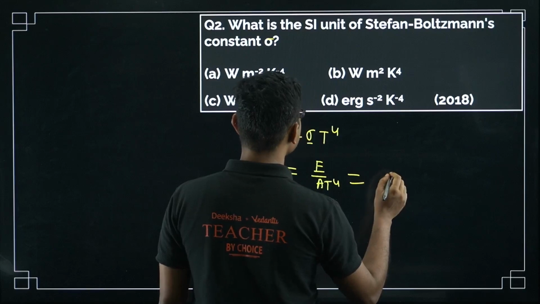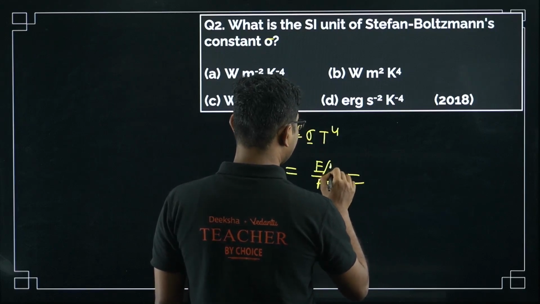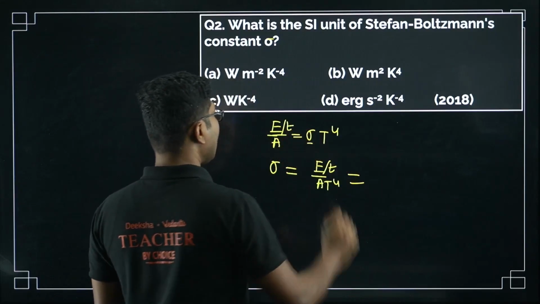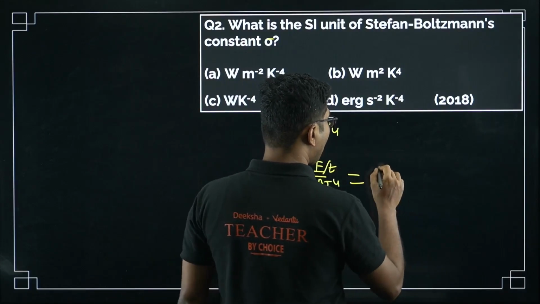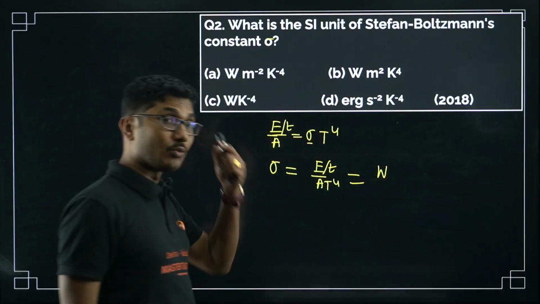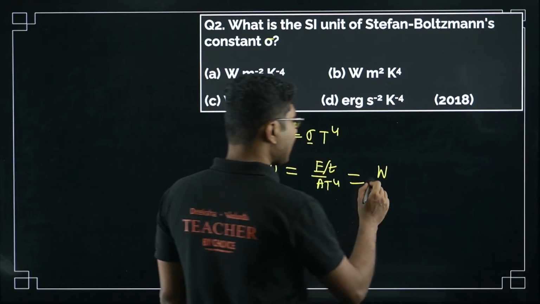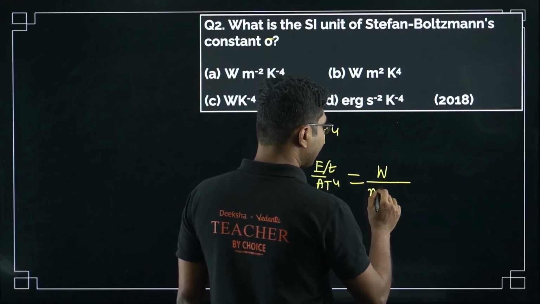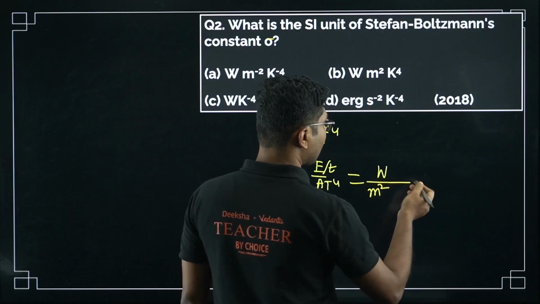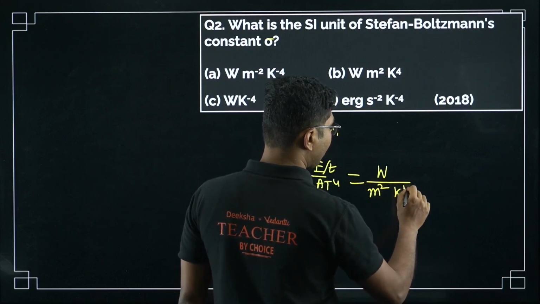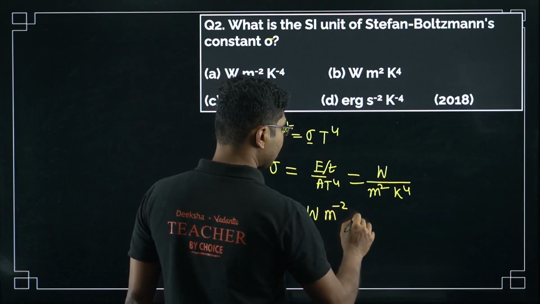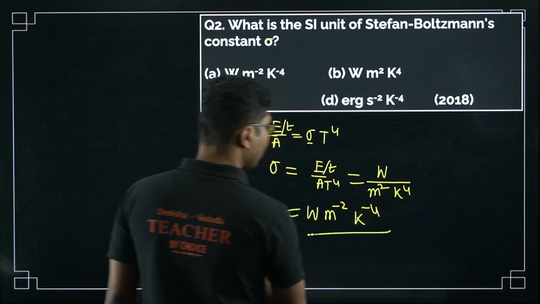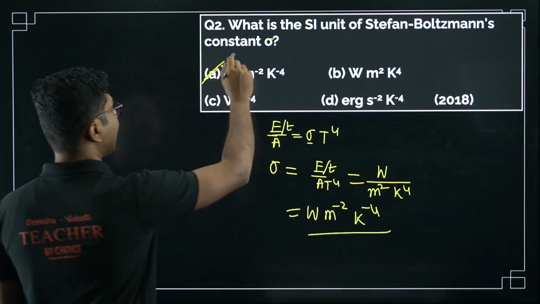Energy per unit time is basically power, and power's unit is watt, divided by area. Area is meter square, and temperature to the power 4 means Kelvin to the power 4. So the final unit is watt, meter to the power minus 2, Kelvin to the power minus 4. So the correct answer is option A.